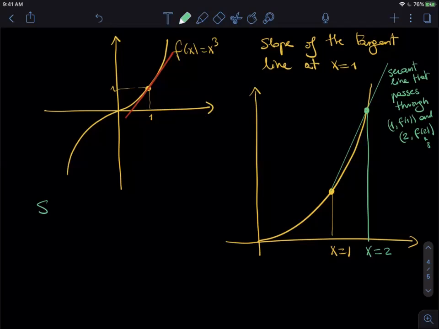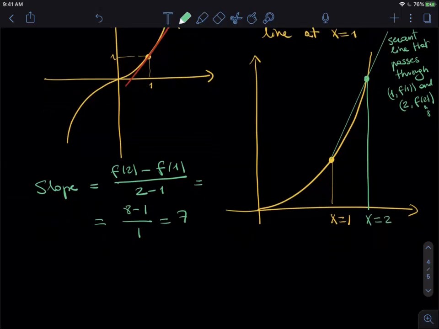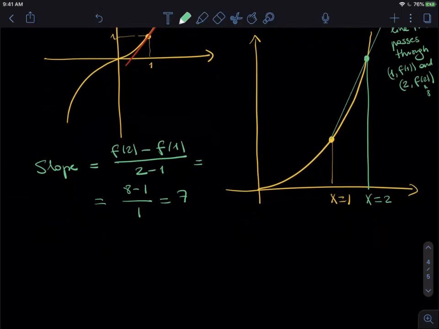So the slope is going to be the value of f at 2 minus the f of 1 divided by 2 minus 1. So this is the difference in height, what I have gained, divided by the distance I took. So this is 8 minus 1 divided by 1, so this is 7. Okay, so the slope of that second line is equal to 7.